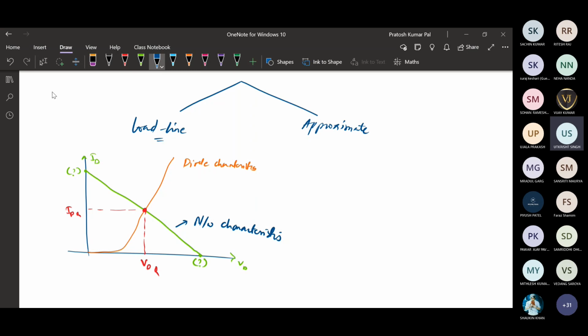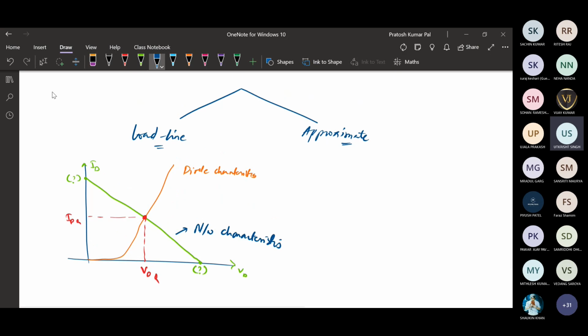The next method that we generally go with is the approximate method. In further questions and applications, we will be using the approximate method. In some cases, if it is given that the diode is ideal, the diode analysis will be somewhat different.